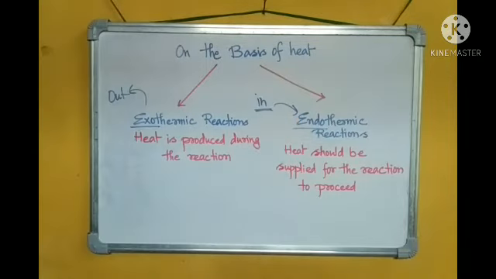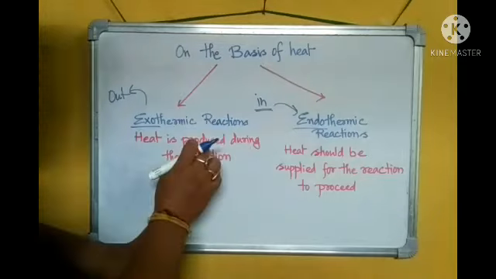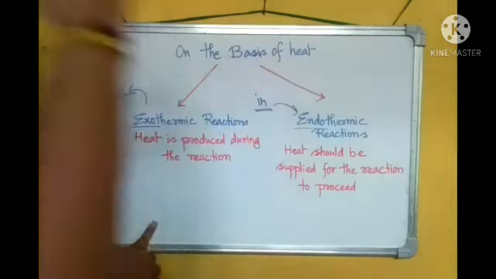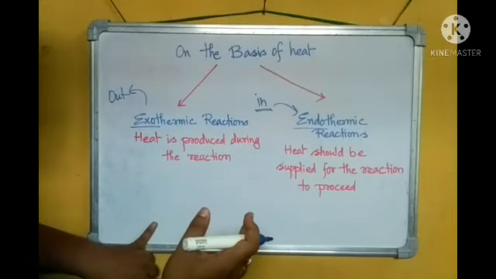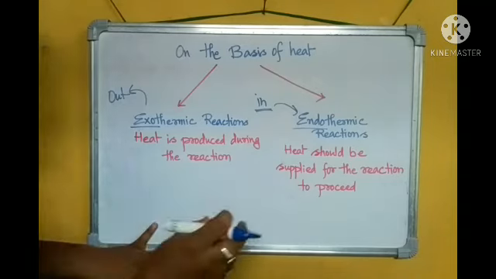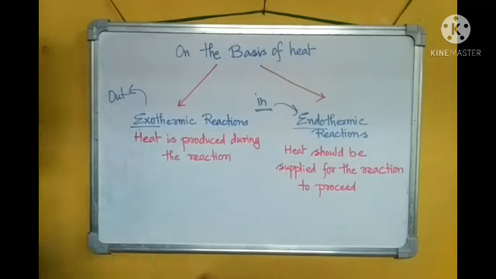In an exothermic reaction, heat is produced during the reaction, that is, heat is given out from the reaction. Two reactants react and we get a product, as well as heat released.